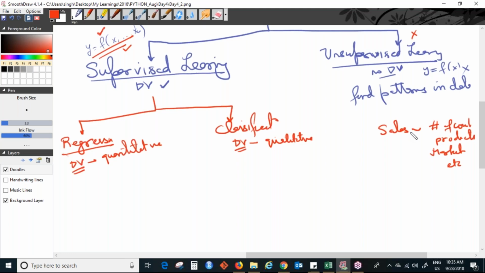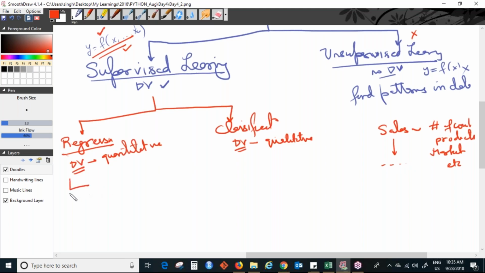What do you think sales of a company will be? Will it be regression supervised learning or classification supervised learning? Yes, exactly. Because sales of a company is a quantitative variable, right? It will be a quantity. So obviously it will be regression. So this will fall under regression.